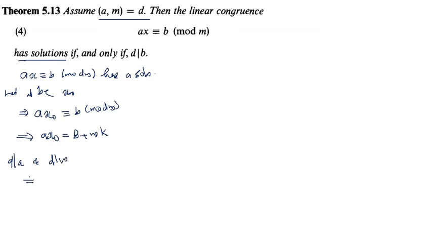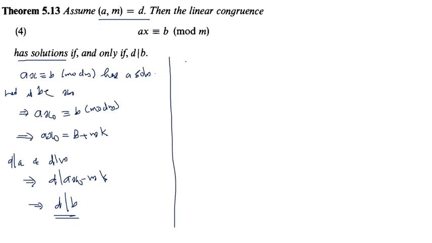Then by the property of divisibility, we can say that d divides the combination ax naught minus mk, that is nothing but b, that is d divides b. Therefore, if ax congruent to b mod m has a solution, then d must divide b.